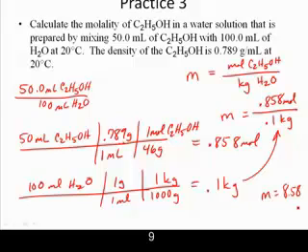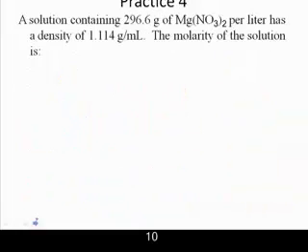Okay. Alright, here we have a density and the amount that it contains of the solute, and we want the molarity. So molarity, we're going to have moles of the magnesium nitrate per liter of solution.